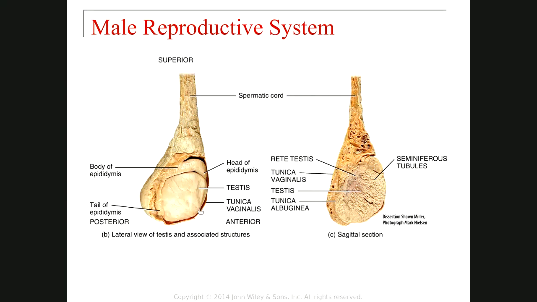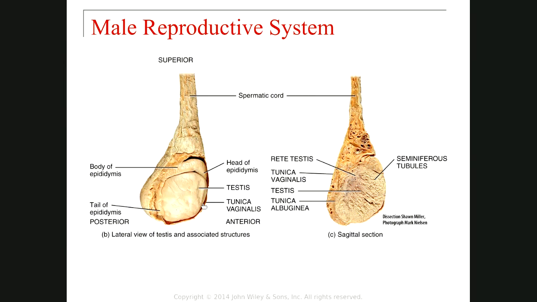We have 2 layers for tunica vaginalis. One layer is visceral, one layer is parietal. The visceral layer is attached to tunica albuginea, the parietal layer is a little outside, and between them we have a small amount of fluid like the other membranes which we have in the body.